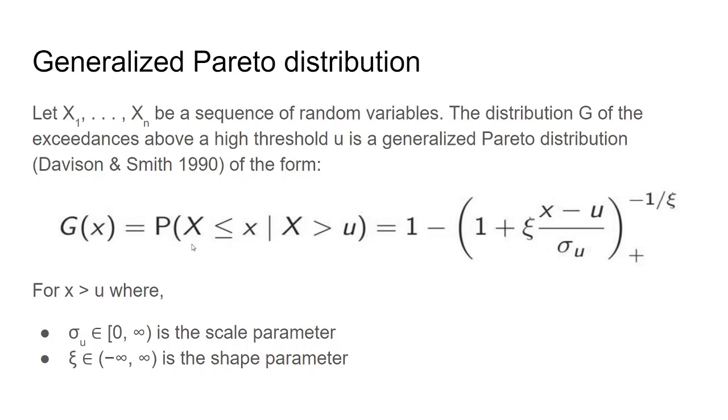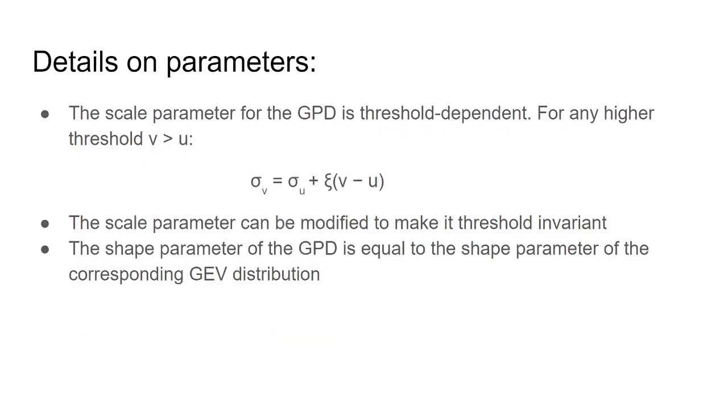Here sigma_u is the scale parameter, and it has a range of 0 to infinity. And epsilon is the shape parameter, and it ranges from minus infinity to infinity. We'll be talking about these parameters.